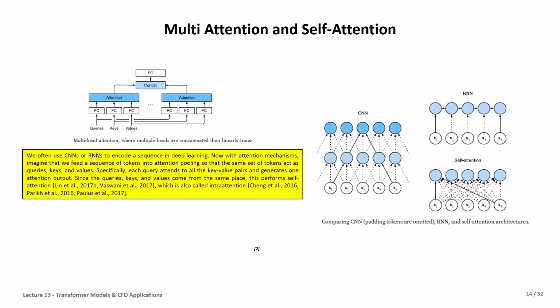In fact, this structure of the transformer includes two levels of attention, we can say. When the input data comes to the model, we're feeding the model with a sequence of tokens into attention pooling, which will be pairs of keys and values, also connected to a query.